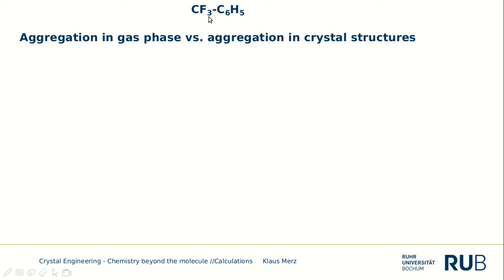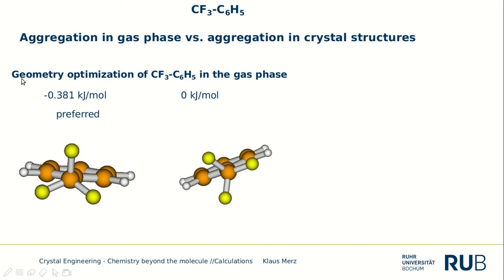Well, another example: CF3 substituted benzene. The question is the aggregation of this molecule in the crystal structure. First, geometry optimization of this molecule in the gas phase. You will get two different conformations. Here you see the CF bond is in plane with the molecule, the backbone, and here it is out of plane.